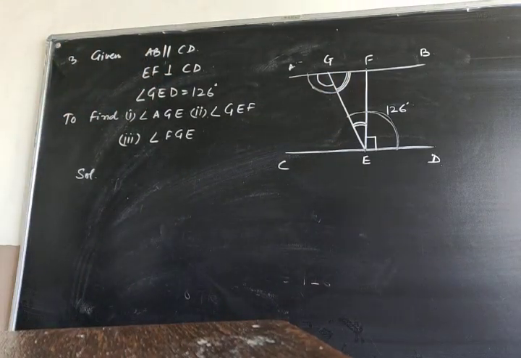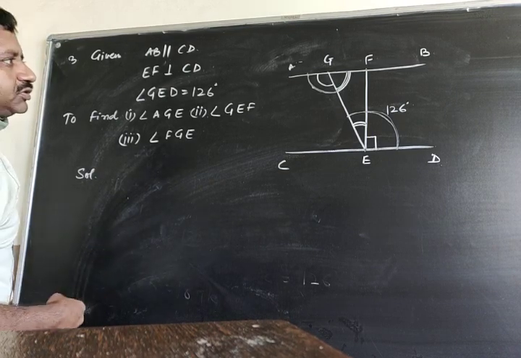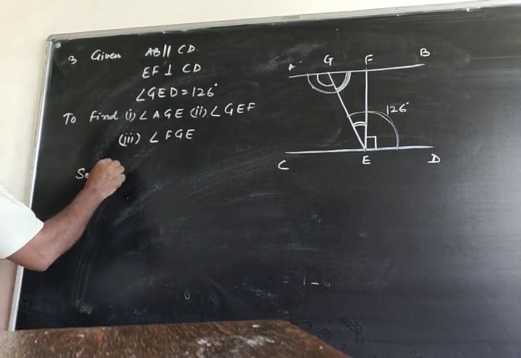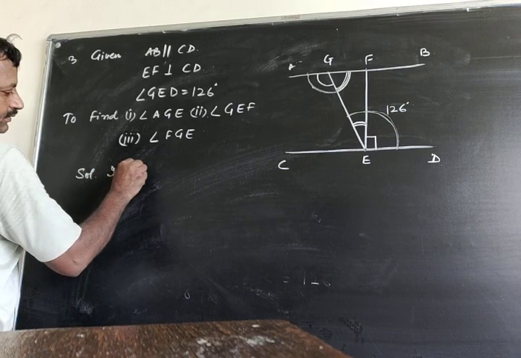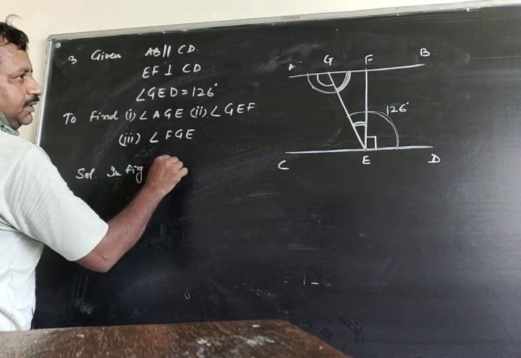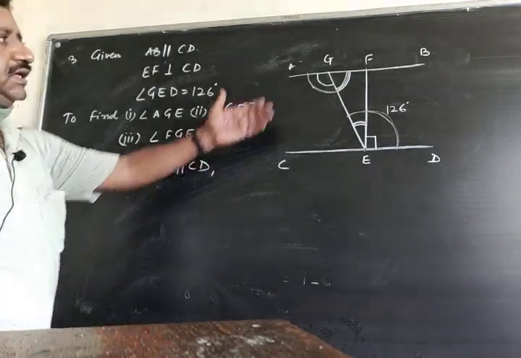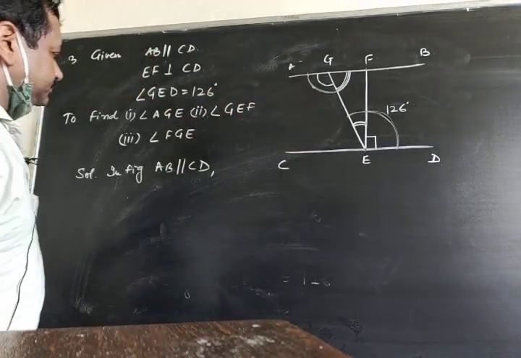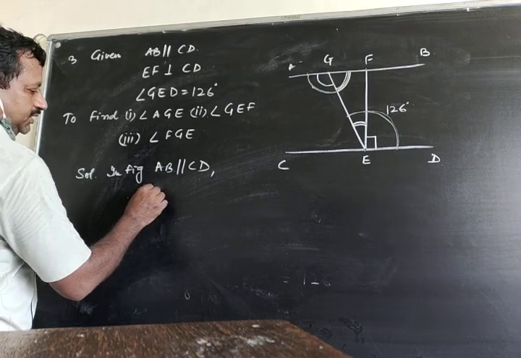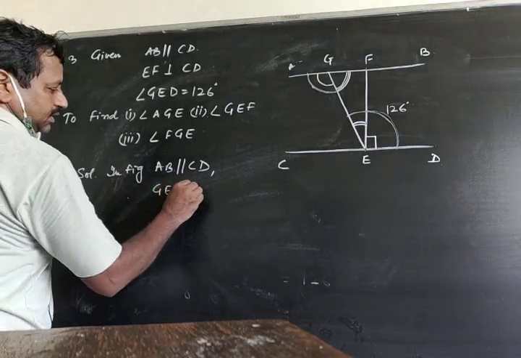So angle AGE will also be 126 degrees. So we will write in the figure: AB parallel to CD, and we are taking GE as transversal.